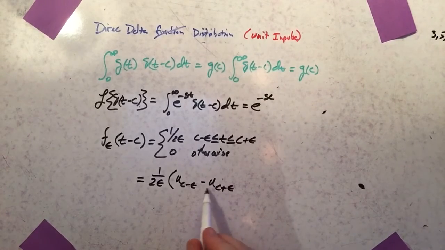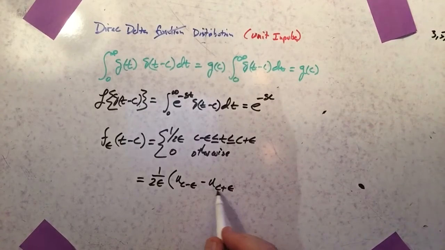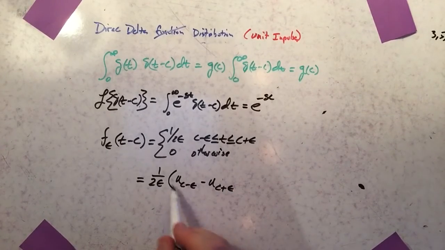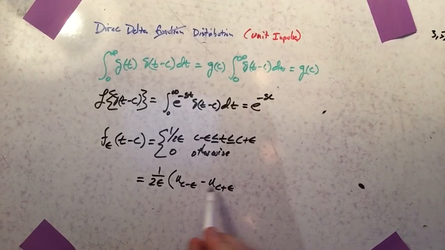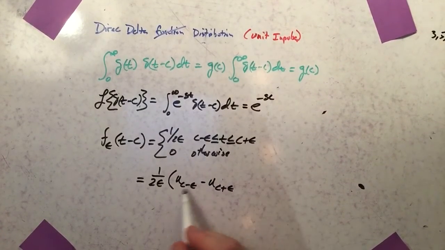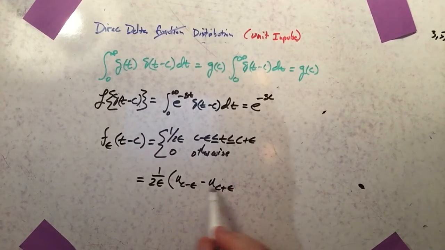Remember what this guy is. This guy's 0 everywhere until we reach c plus epsilon, and then it turns on and becomes 1. Well, this one was already 1 because this condition is met before this one. So all the while we're in the middle of the range, this guy will produce 1, and when we reach the end of the range, this will go back to producing 0.